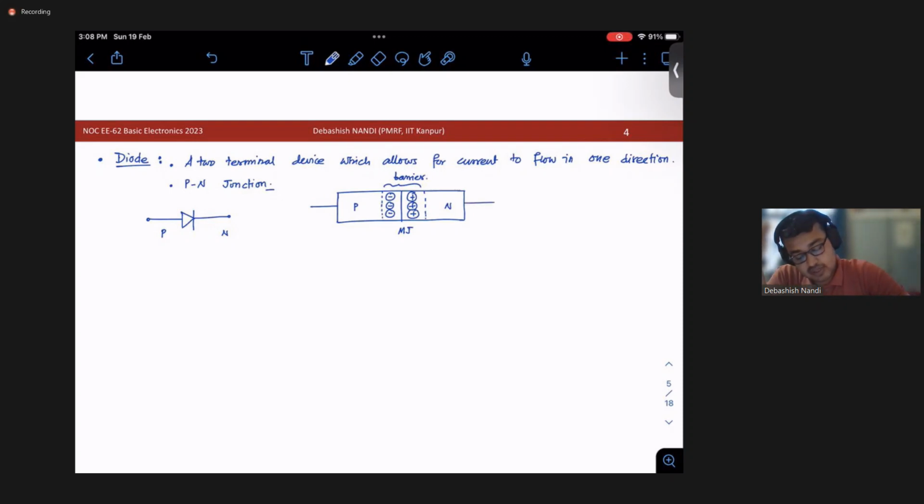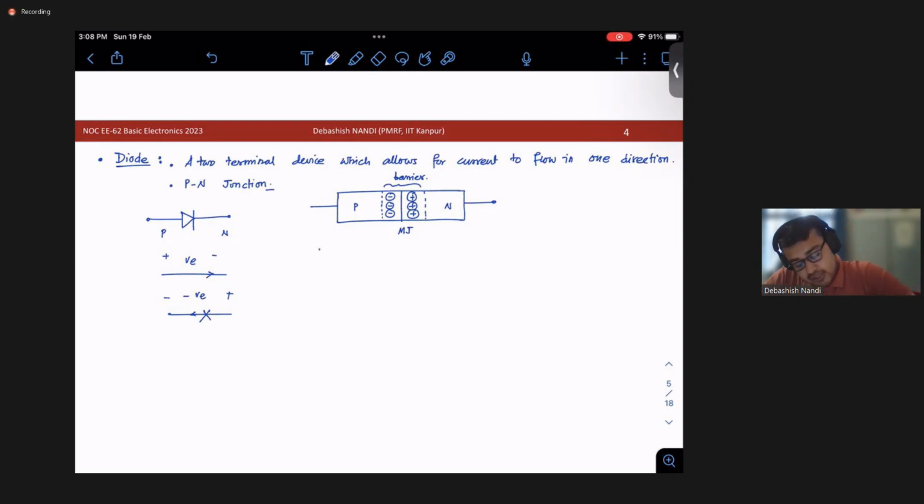So what the diode does: when you apply a positive voltage, then current flows this way. But when you apply a negative voltage, then the current path is cut off, right? Basically, there will be a very small amount of current that is called reverse saturation current. But for our course, we don't consider that.